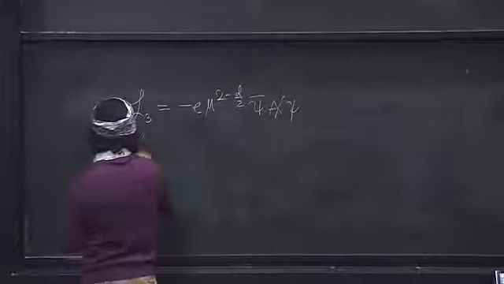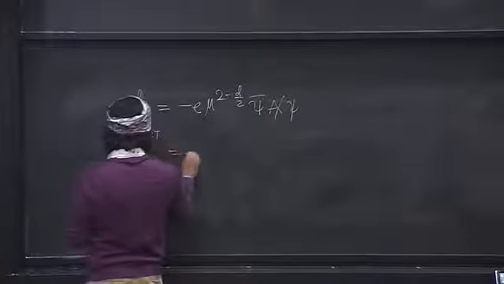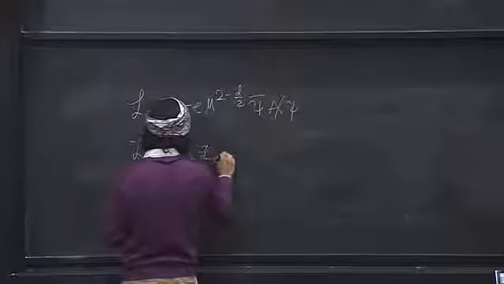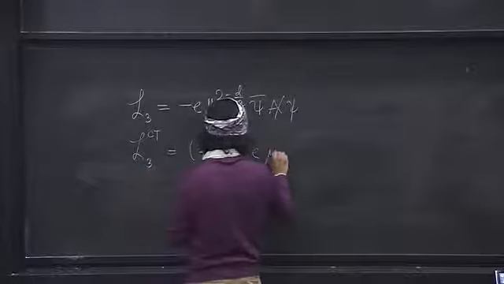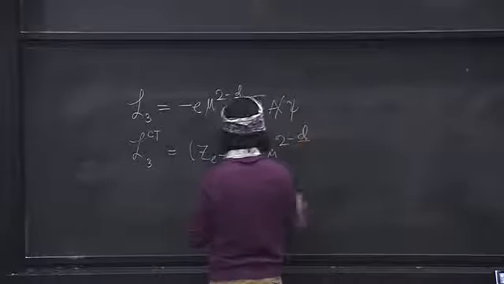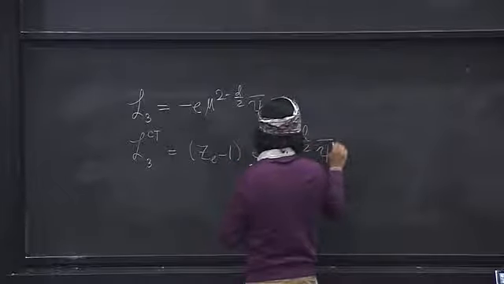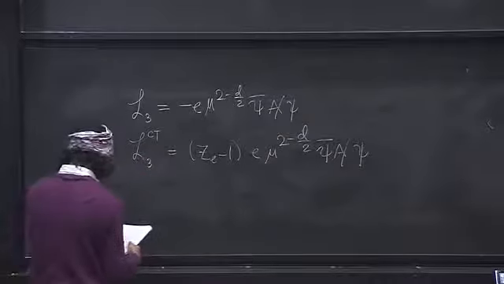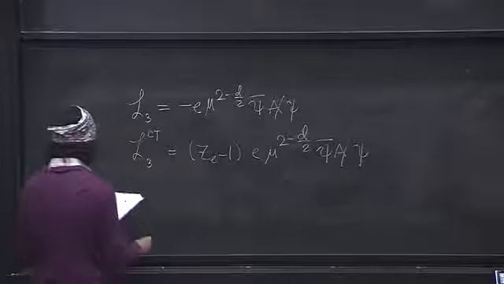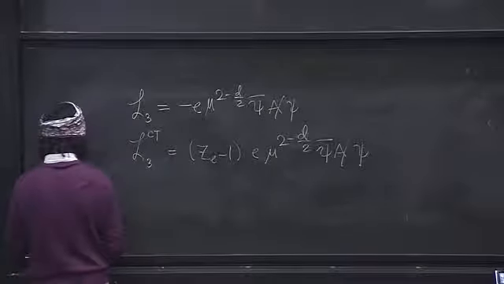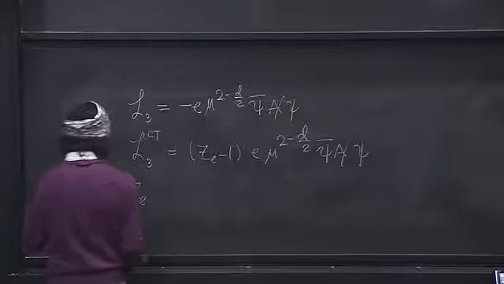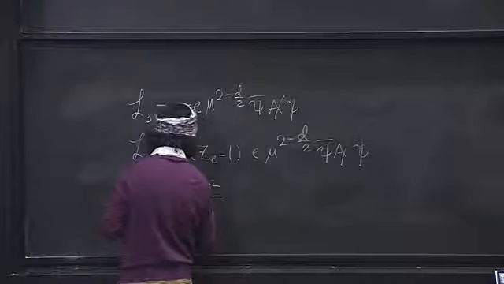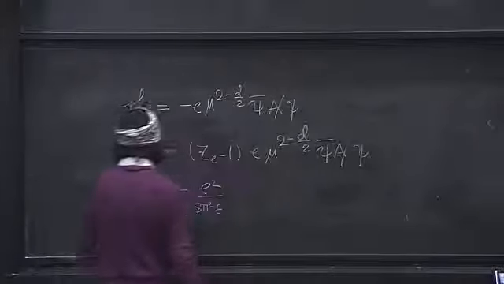And the counter term that we add is some Z_E minus 1 times E mu to the epsilon over 2 psi bar A-slash psi, where Z_E is 1 minus E squared over 8 pi squared epsilon.